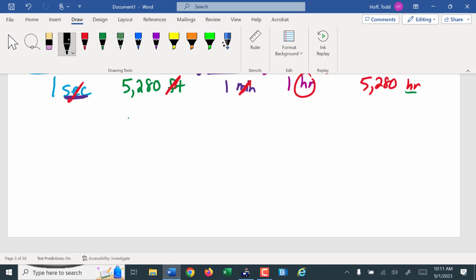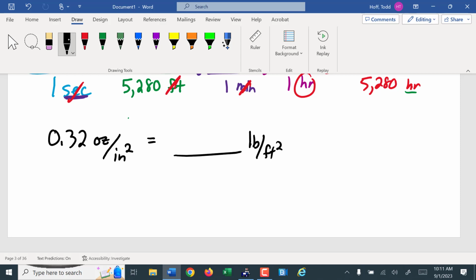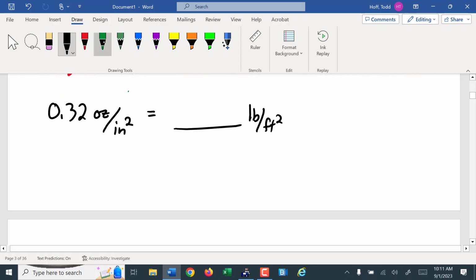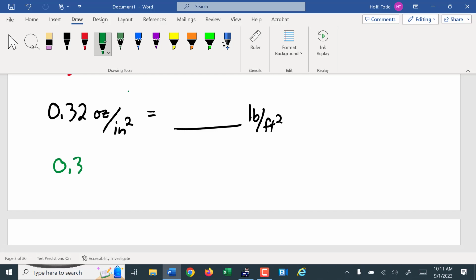So these types of conversions can be made a lot. You might have 0.32 ounces per square inch. We need to know what that is in pounds per square feet. So once again, the 0.32 ounces per square inch becomes 0.32 ounces over 1 square inch.